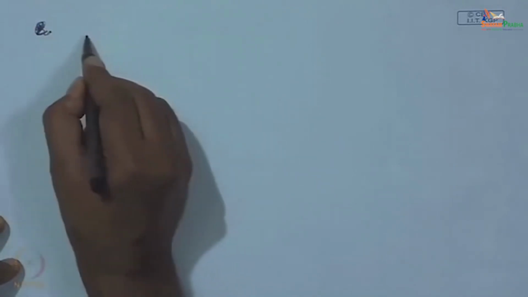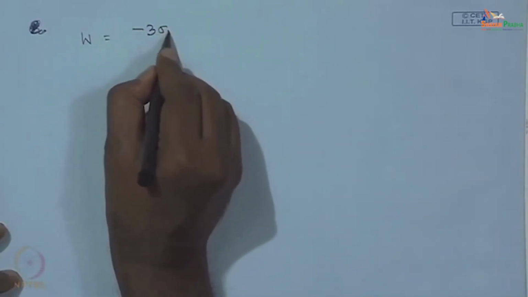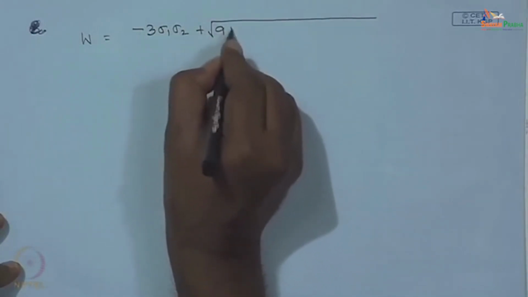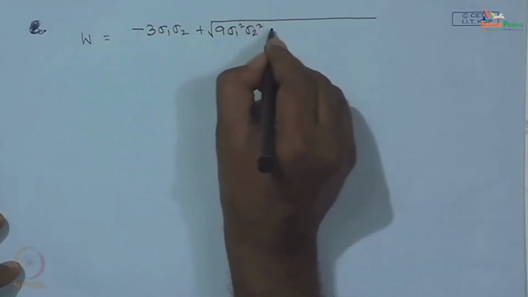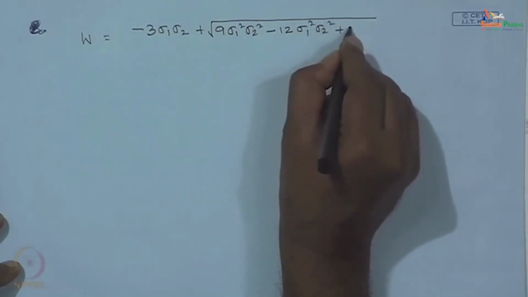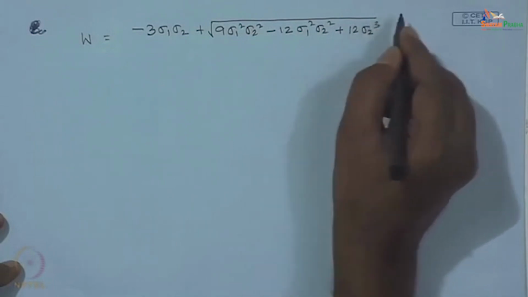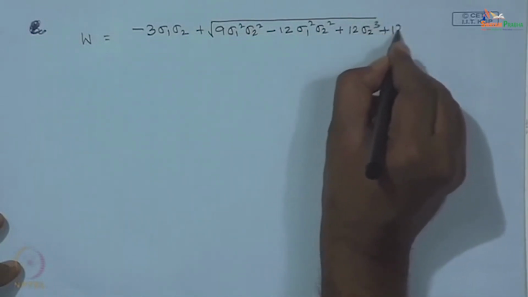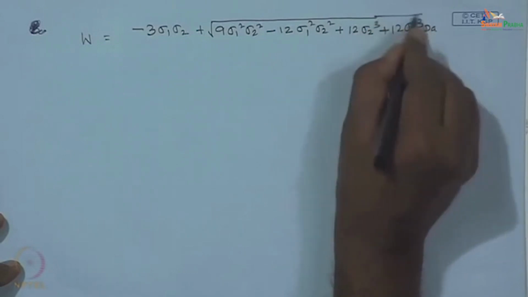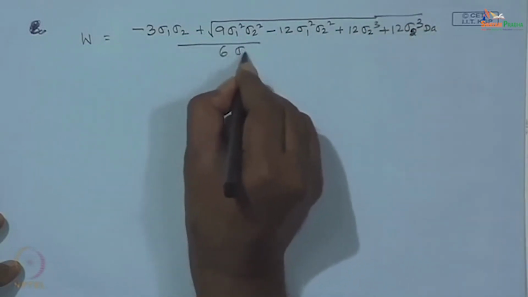So, W is equal to minus 3 sigma 1 sigma 2 plus under root 9 sigma 1 square sigma 2 square minus 12 sigma 1 square sigma 2 square plus 12 sigma 2 cube plus 12 sigma 2 cube dA, divided by 6 sigma 2 square.